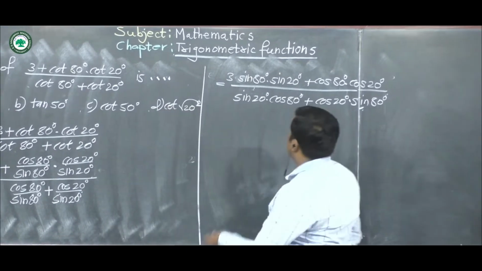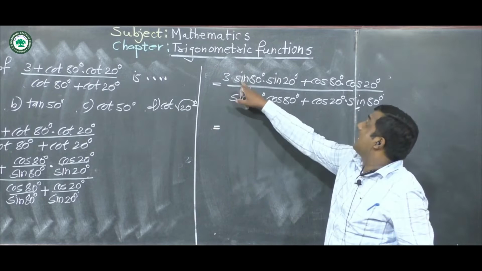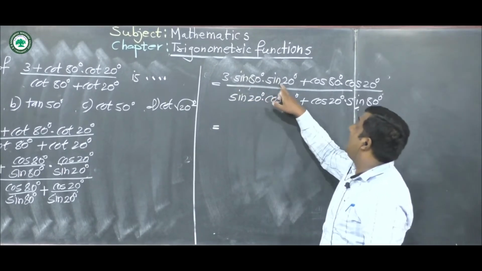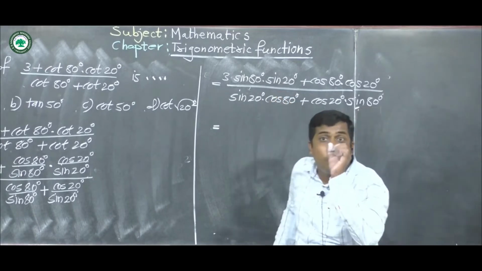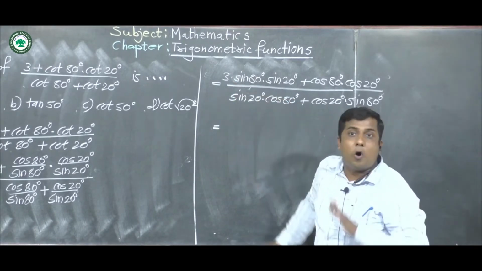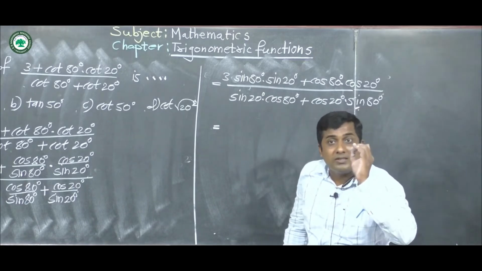Now in the next step, I write 3 sin 80° sin 20° as 2 sin 80° sin 20° plus 1 sin 80° sin 20°. Why? Because here we get the 2 sin A sin B form.